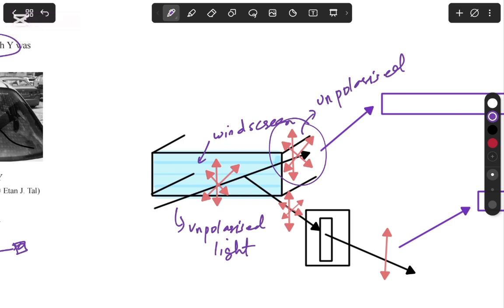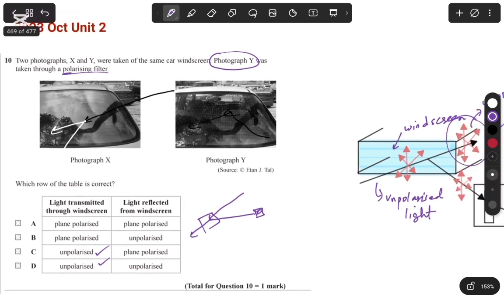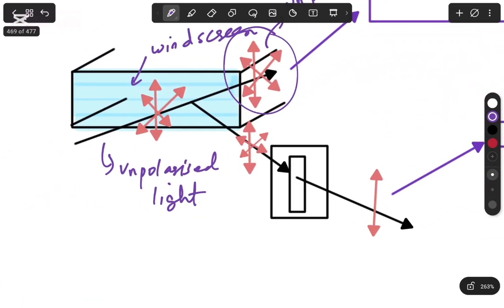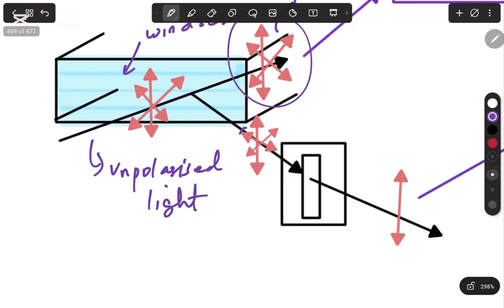We're specifically looking at plane polarization. And you can notice that here, the other vibrations are much more reduced. But they are still there. And they will completely be absorbed by the filter when they pass through the filter.